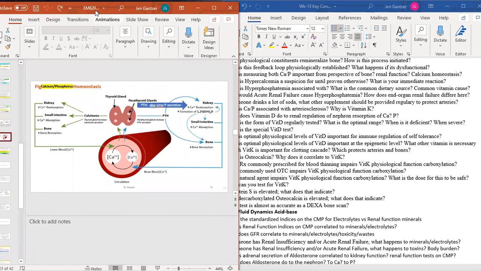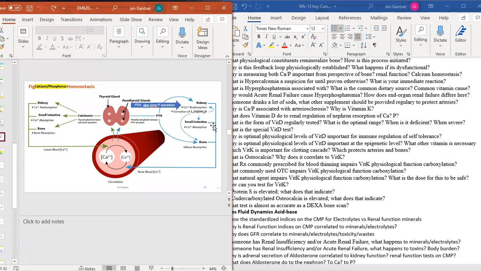However, the vitamin D is going to actually act on the small intestine to increase calcium absorption, but then it also, along with PTH, is going to be part of the demineralization.